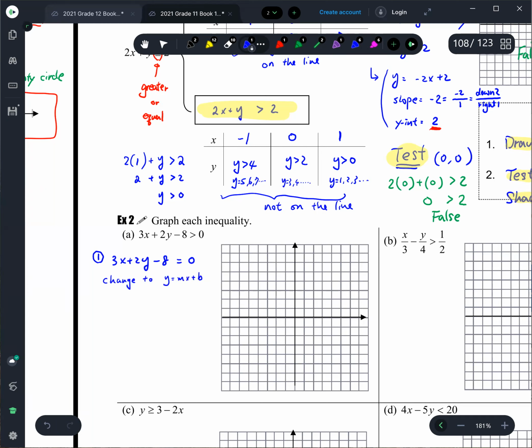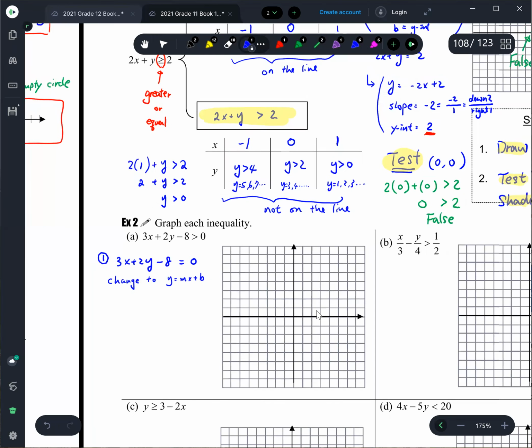Everyone please do that by yourself. Please isolate y and change to slope-intercept form. Once you got that, please raise your hand.